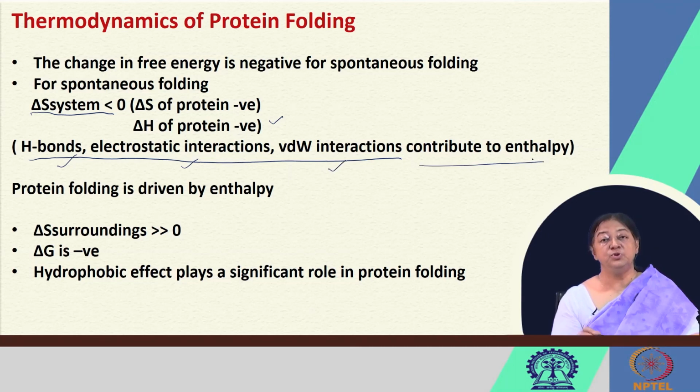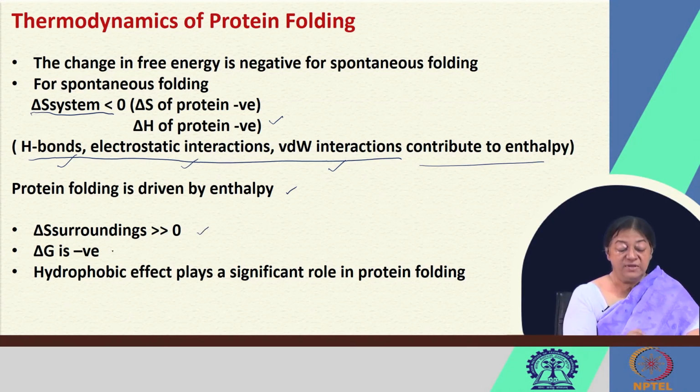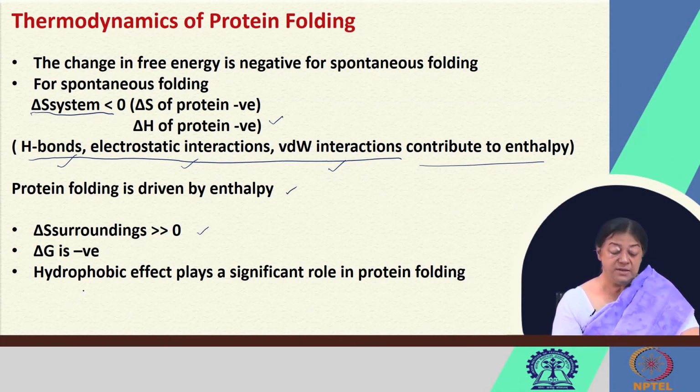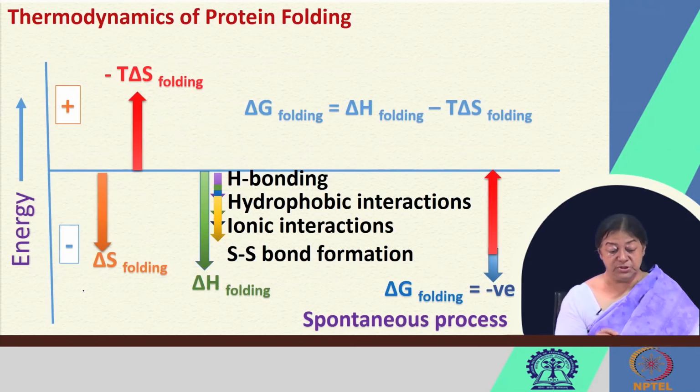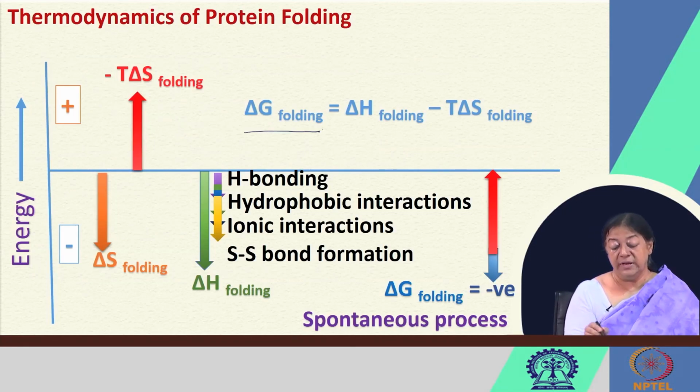They all contribute to the enthalpy. So, the protein folding that we have is driven by enthalpy, but the delta S of the surroundings is much greater than 0. So, we have the delta G that is negative, and the hydrophobic effect plays a very important role in the protein folding process.